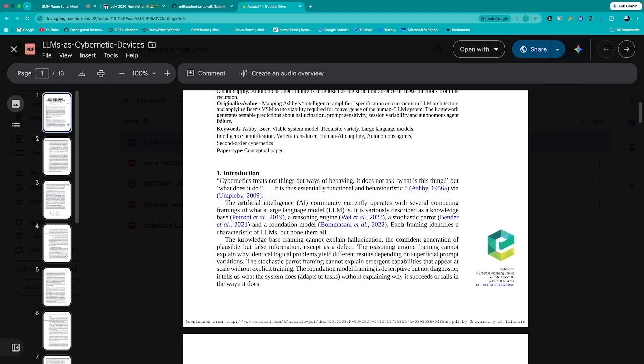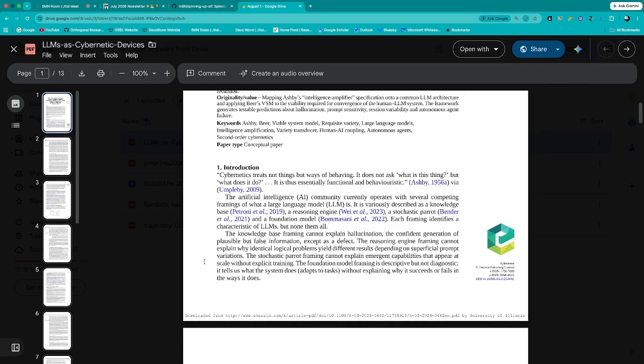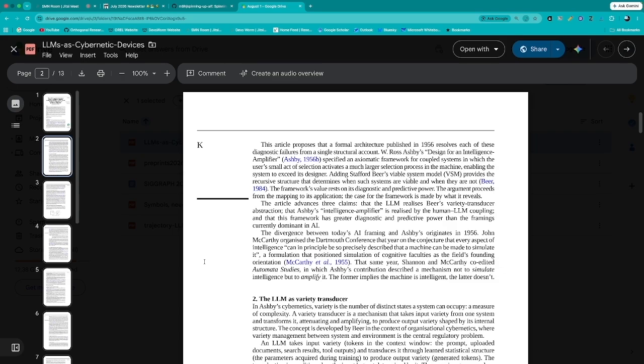The stochastic parrot framing cannot explain emergent capabilities that appear at scale without explicit training. And the foundation model framing is descriptive but not diagnostic. It tells us what the system does, which is adapt to tasks, without explaining why it succeeds or fails in the way it does. And so this just talks about why this article exists. The article advances three claims. The first is that the large language model realizes Beer's variety transducer abstraction.